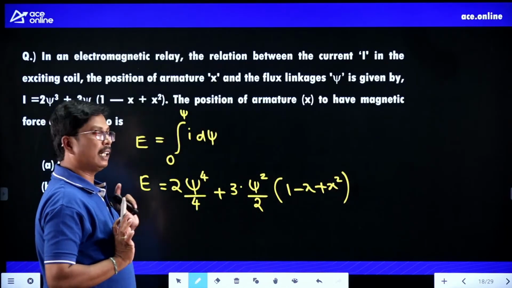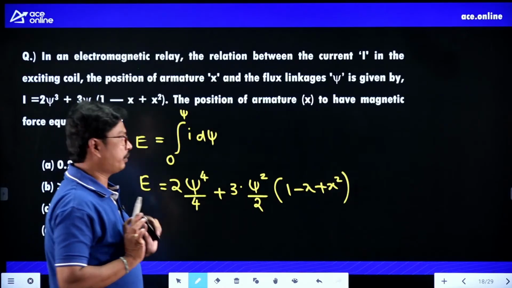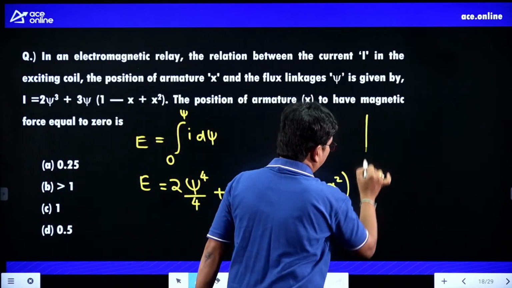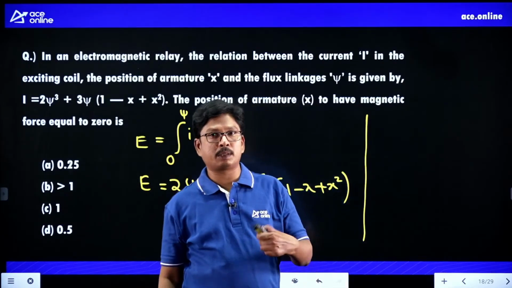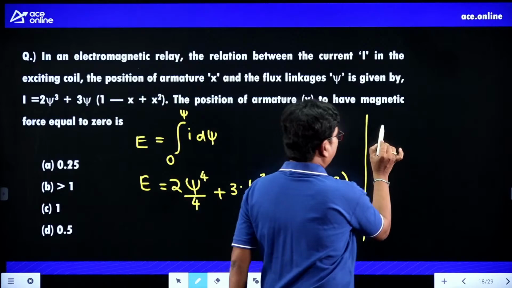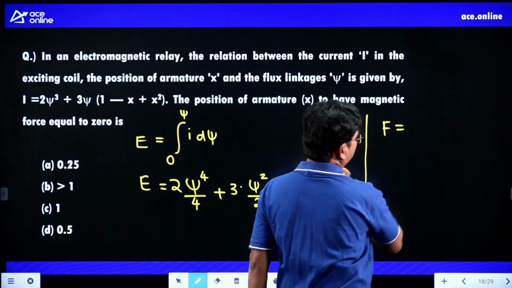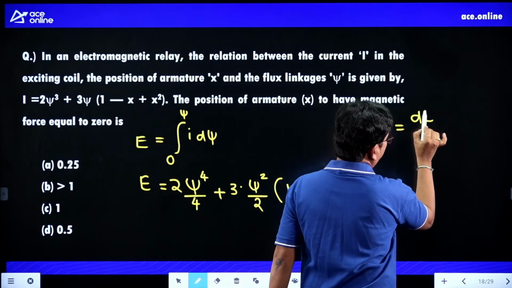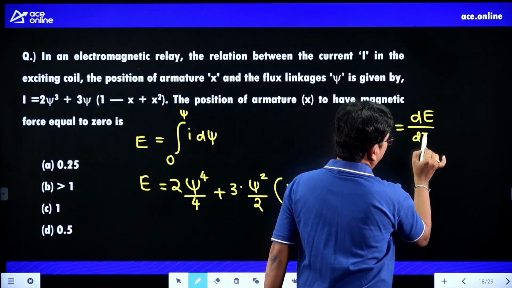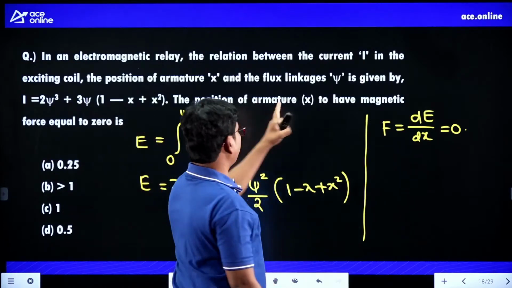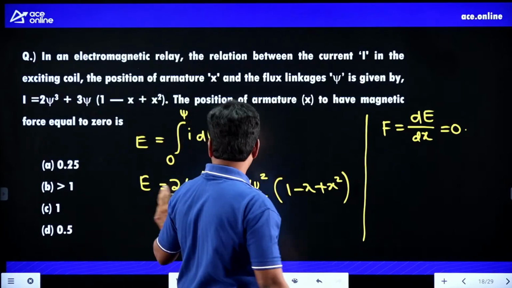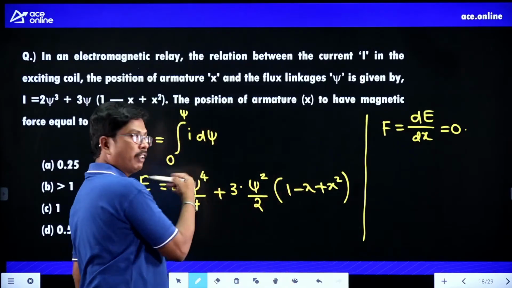After calculating the energy equation, calculate the force. What is the force? Differentiate the energy with respect to x. The force developed is equivalent to the differentiation of energy with respect to x, and equate it to 0, because they are asking the force to be equal to 0. Differentiation with respect to x, the first term will be 0.